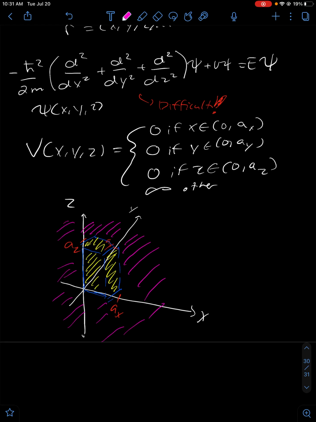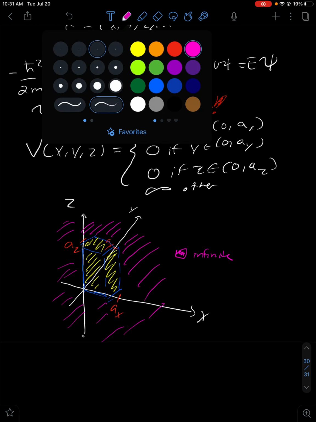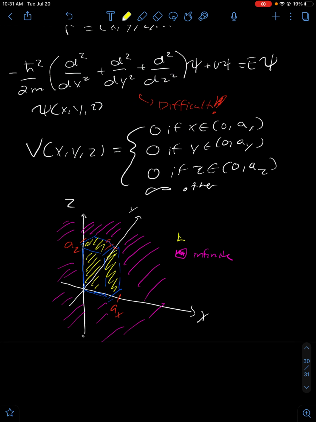So let's make a key here. This means infinite potential, and this means 0. So when the particle is inside the box, it has a 0 potential. And the outline of the box should be pink as well, since it doesn't include the boundary.